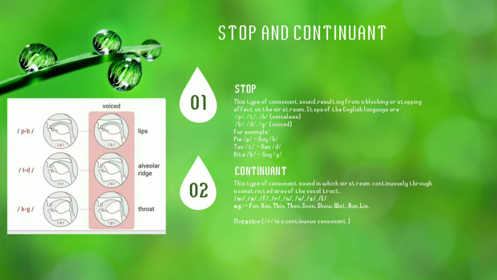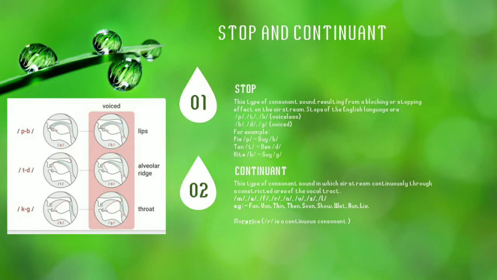And the next is about continuant consonant sounds. This type of consonant sound is one in which air streams continuously through a constricted area of the vocal tract. When pronouncing a continuant consonant, the air is never completely blocked by any part of the vocal tract.